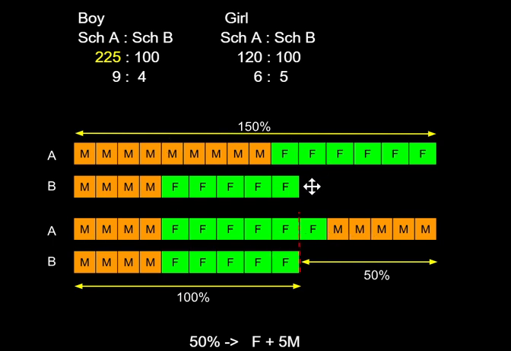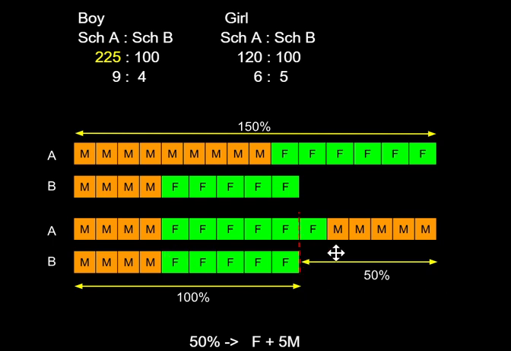After you draw this model, straight away you realize that this is 150%, this is 100%. If I move some of this male over to this side, I rearrange it such that this is exactly the same. That means whatever is left over here must be due to 50%.